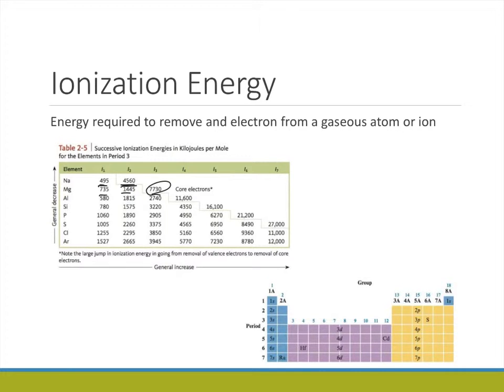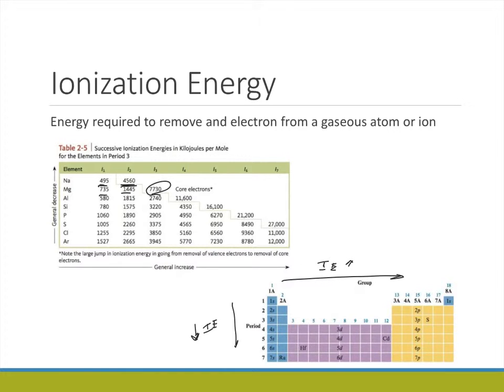Okay? So, the trend in ionization energy is as you go down a family, ionization energy decreases. This is because as you go down a family, the atom gets bigger. The bigger it is, the easier it is to pull off. As you go across a period, ionization energy increases.